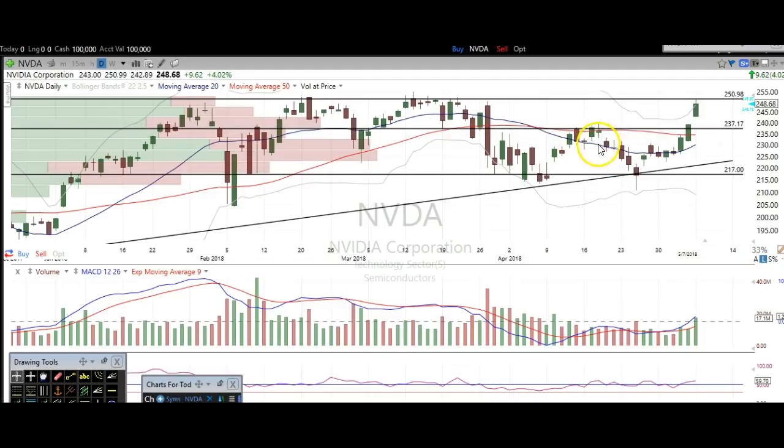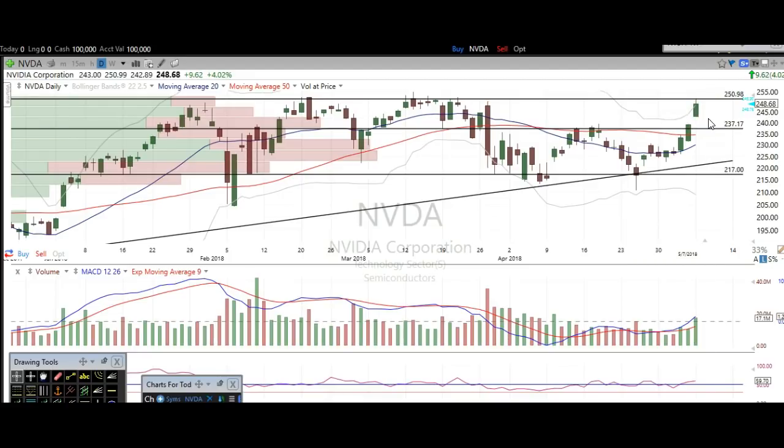You see that resistance right there? Back here in April, that hit a couple times. You see that? Yeah. So that's the bounce zone that I'd be looking at if we do get some kind of a pause or rejection there for NVDA.